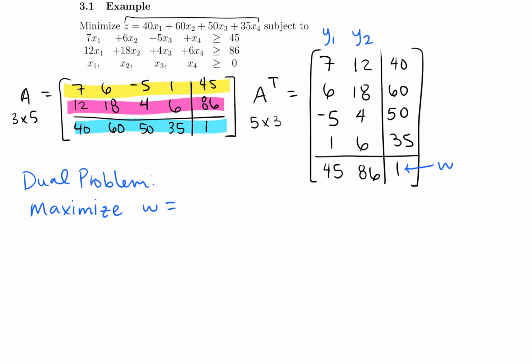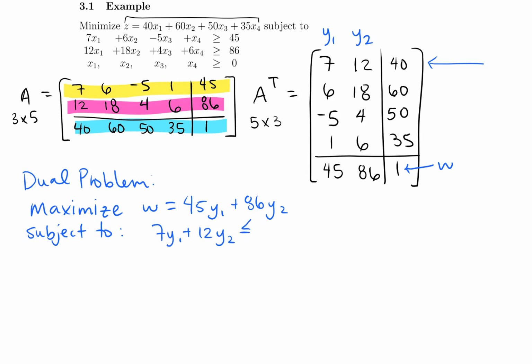So let's maximize w equals 45y1 plus 86y2, and this needs to be subject to the following constraints. So now we have the first constraint, and that is row 1. So we have 7y1 plus 12y2 must be less than or equal to 40.